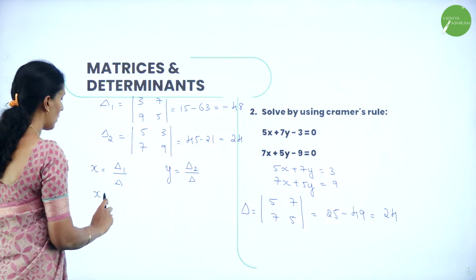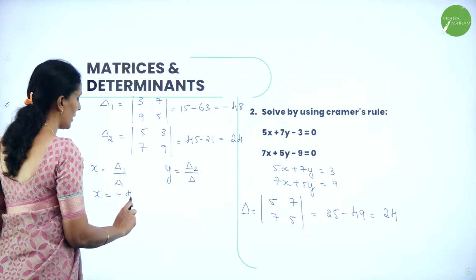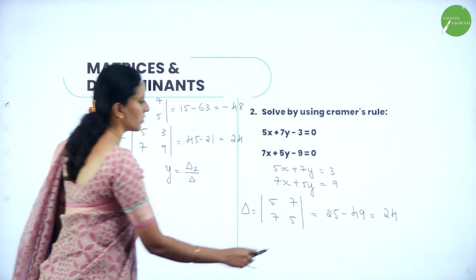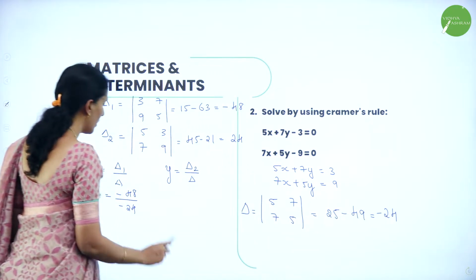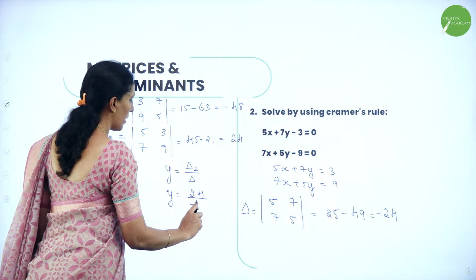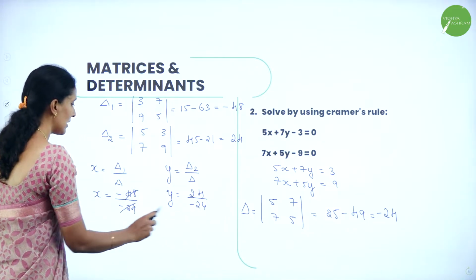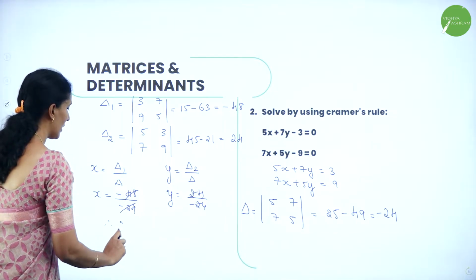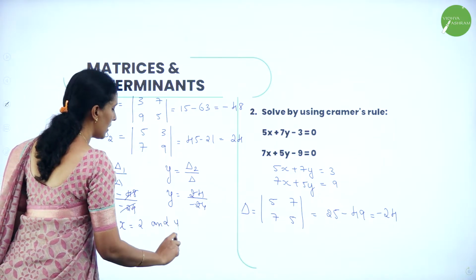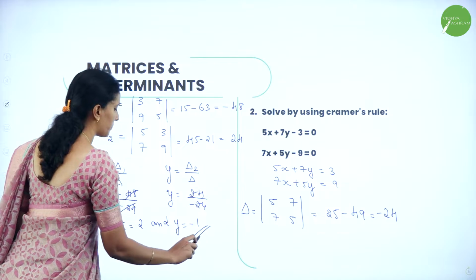So x is equal to minus 48 divided by minus 24. So here the value is minus 24 and y is 24 divided by minus 24. So cancelling this, you will get x is equal to 2 and y is equal to minus 1.